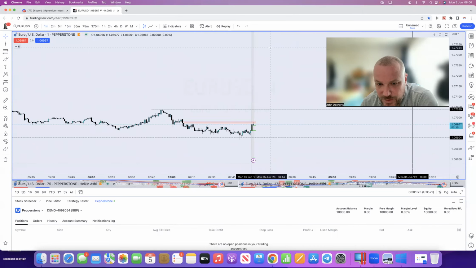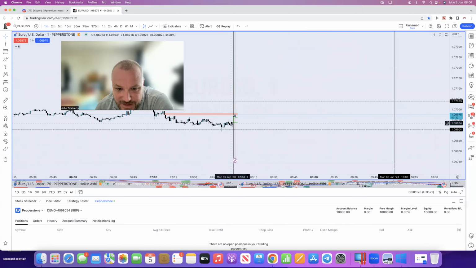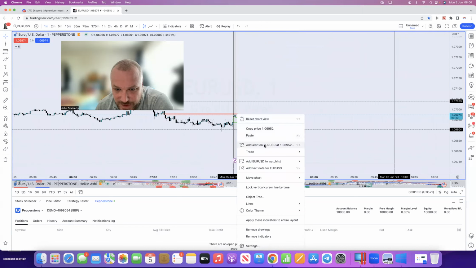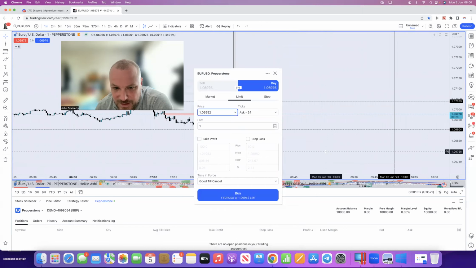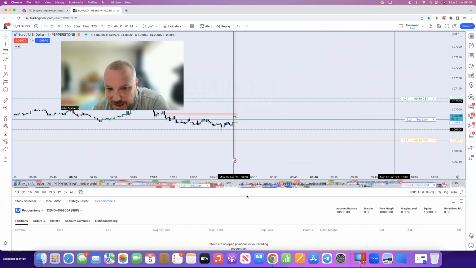Just going to come into this, and I can see there's a trade instantly straight away. So if I do a trade buy limit, what I want to do is 10 pip and 10 pip, risk 1% on the trade. Pick that buy limit now.